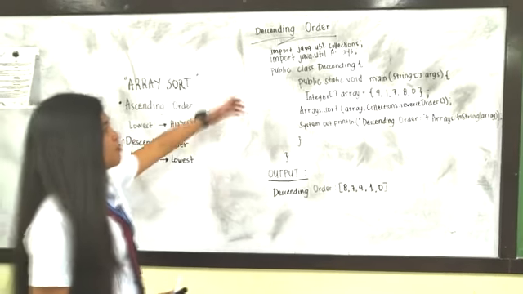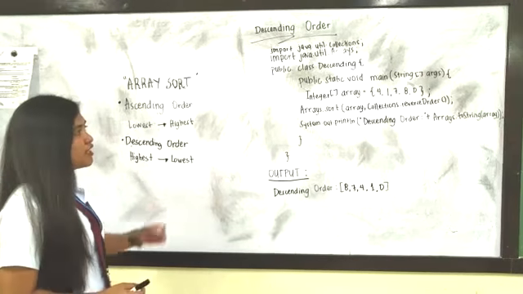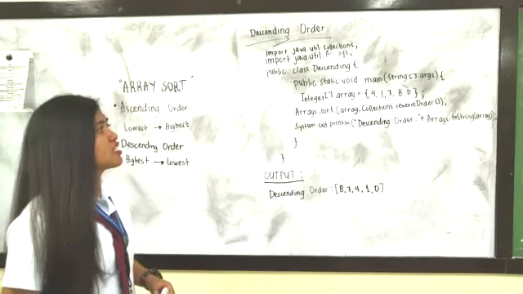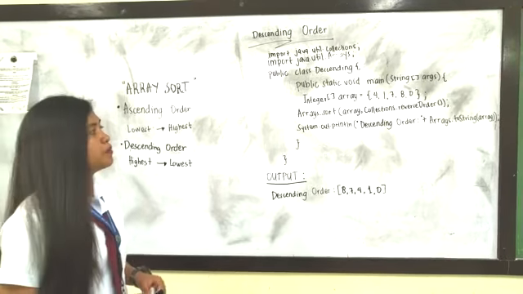And here's the program. Import java.util.Collections, and for the arrays, import java.util.Arrays; semicolon, public class Descending and open curly braces.